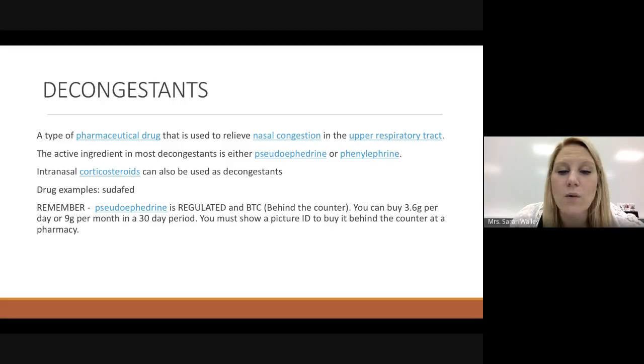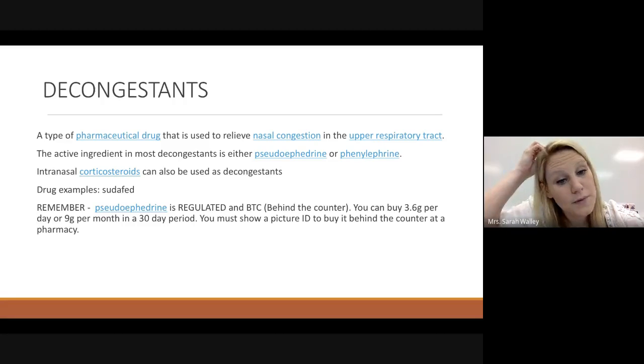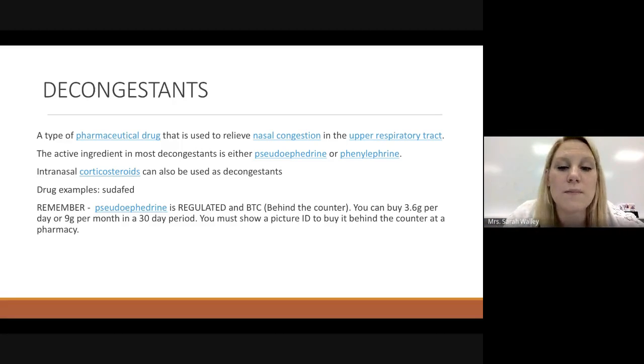The pharmacy tech that checks you out will take your picture ID and it goes into a system through the state database, and it will basically put in the system how much you've bought for that month. They do this because, remember, pseudoephedrine can be used to make meth, like methamphetamine.